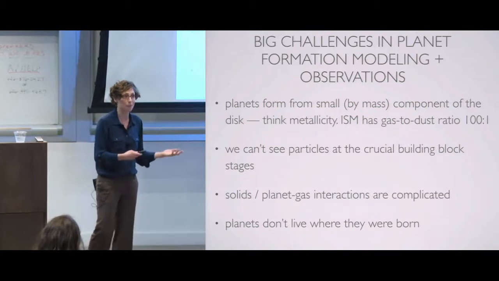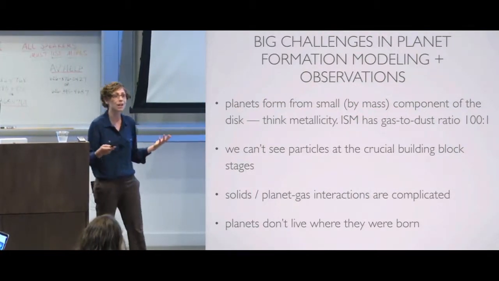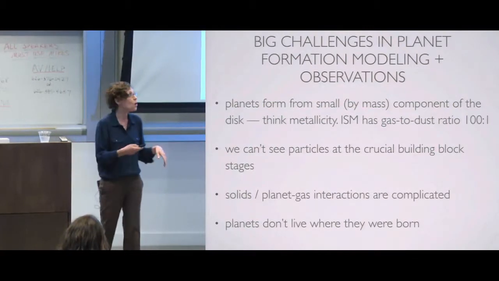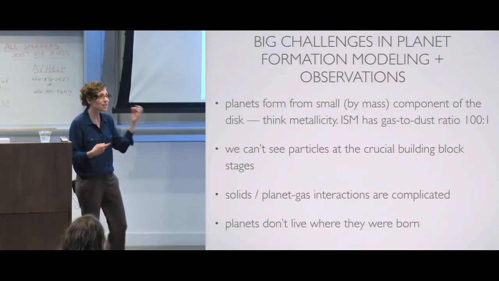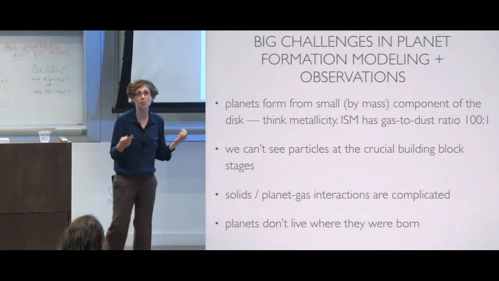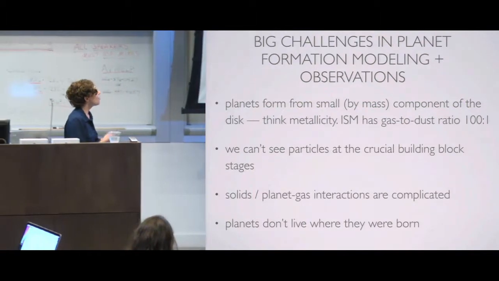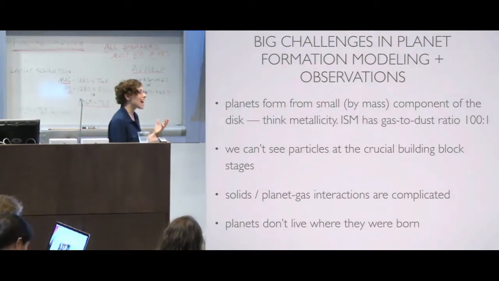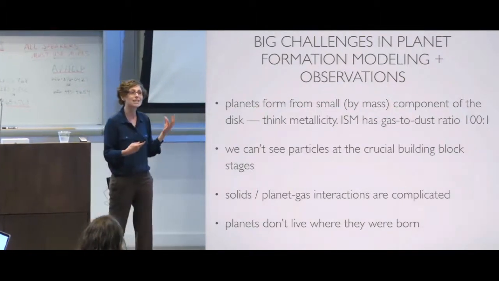Almost everything isn't metals. And if we think about what we inherit in our star and planet forming system from the ISM, we start out with a gas to dust ratio of 100 to 1. So the stuff that we're looking at that's going to make our planets is a tiny, tiny fraction of everything else that's there.